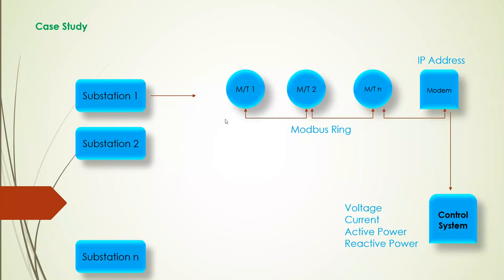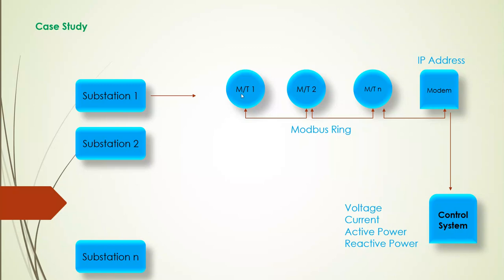We want to monitor the main parameters like voltage, current, active power, or reactive power in each substation. So we installed the measurement or transducer in any feeder of the substation. For example, the substation includes this system.